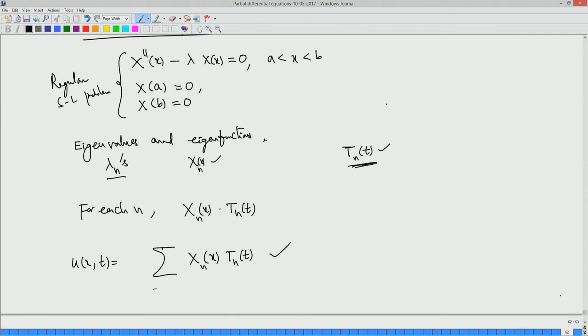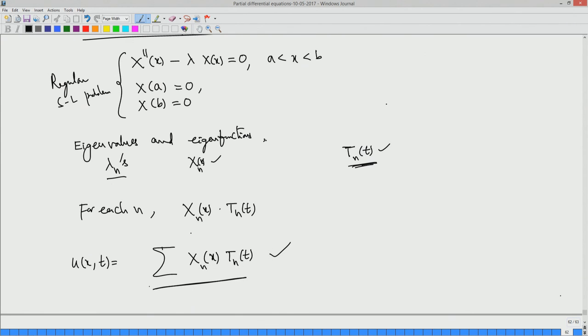For each n you have an arbitrary constant. One can show that the sum is uniformly convergent, so that you can differentiate term by term. That is how you can get u_x, u_xx, and all that. If it is a finite sum, you can differentiate because all are differentiable functions.